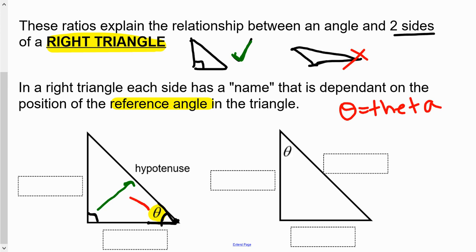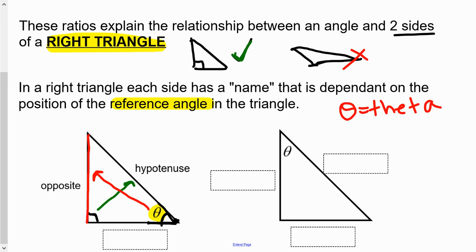We have the side that is opposite our angle, and we're going to call it exactly that. We have our angle in this corner. This red side length down the side here is the only side length that isn't actually a part of this angle. It's not touching it, and it's opposite that angle. It's the side length opposite our reference angle.